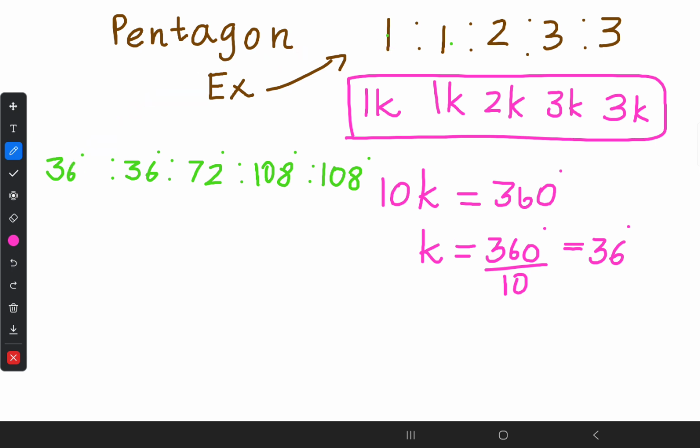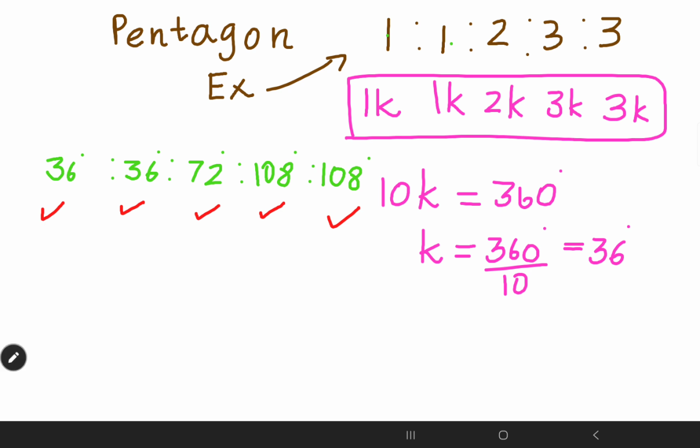So 1 times 36 is 36, 1 times 36 is 36, and likewise we found all the exterior angles for that particular pentagon. If you have some ratios, this is the way you should follow. Not only k; you can use whatever variable you want. That's your wish. There are no restrictions for that.